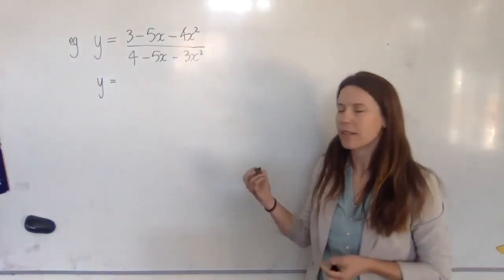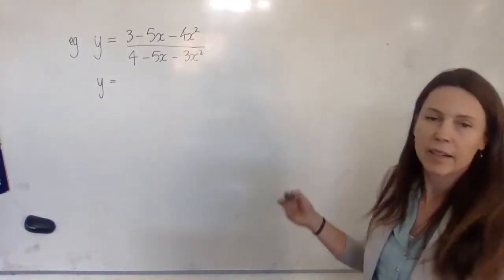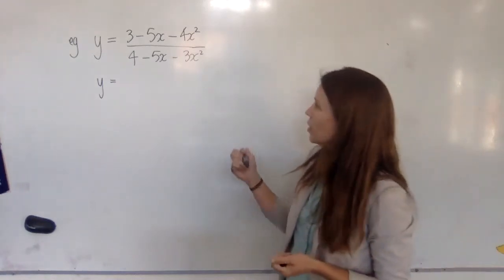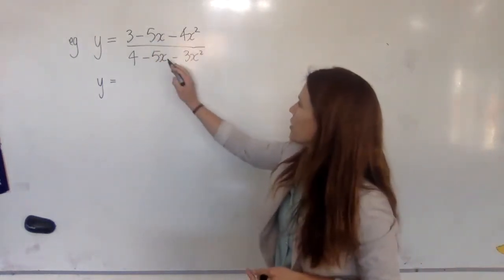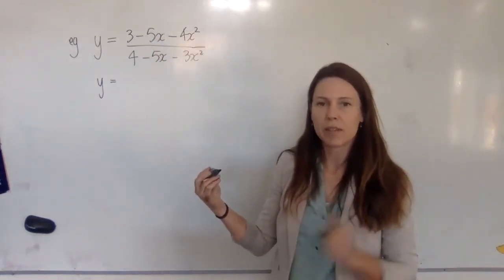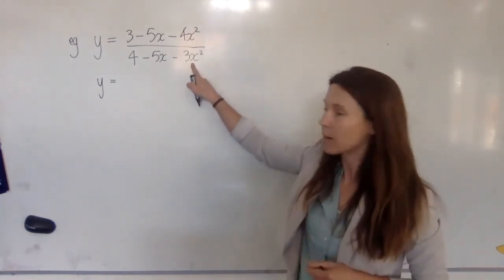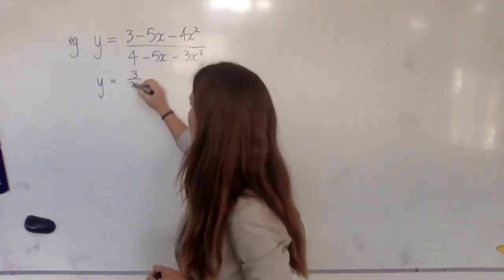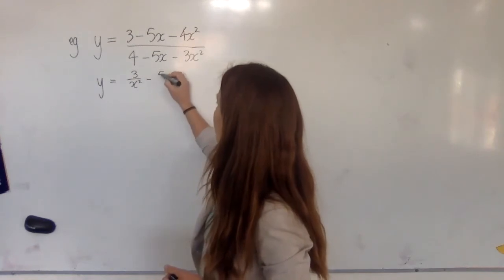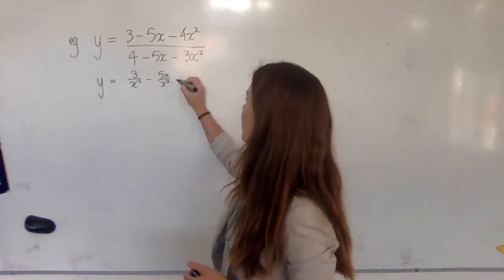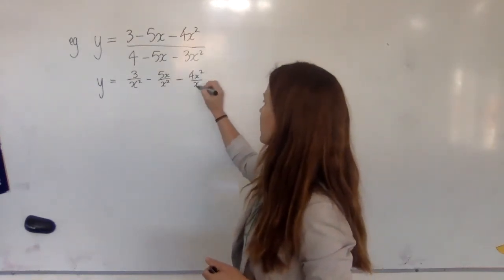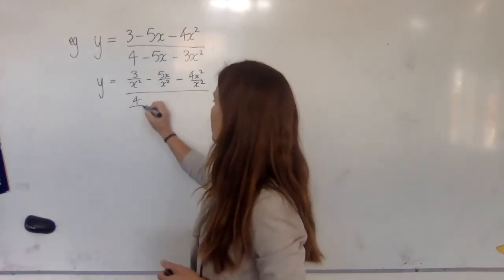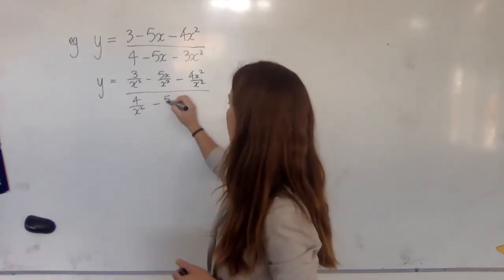Now for a trickier example. Let's start in our hunt for a horizontal asymptote by dividing all 6 terms here by the highest power of x that's in the denominator, and that's x squared. So away we go: 3 over x squared minus 5x over x squared minus 4x squared over x squared, and the bottom will look quite similar.